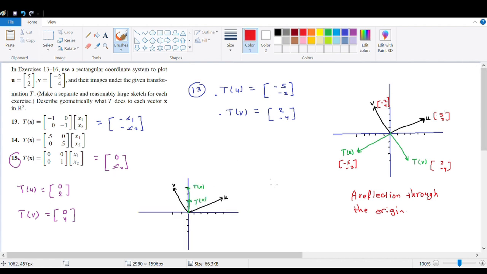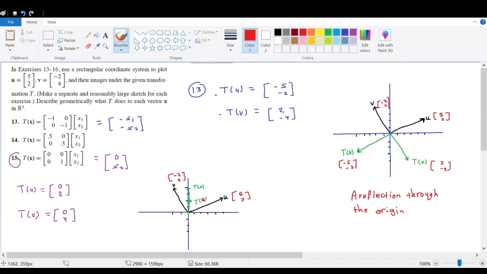So this is our u, which is 5, 2, and this is our v, which is minus 2, 4. After the transformation, T u is 0, 2, which is this one, and T v is 0, 4, which is this one. So we say that after the transformation, we project every vector onto the x2 axis.